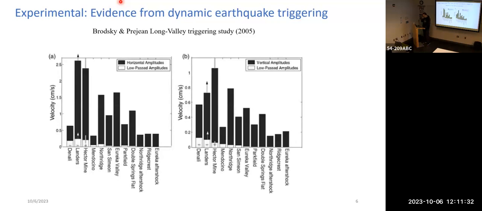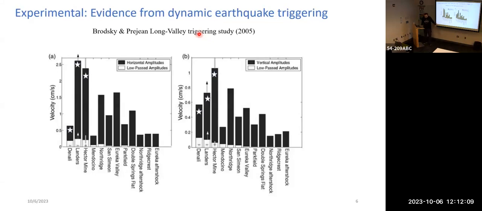Another study, conducted by Brodowski and Prejean, set up a seismometer at Long Valley and recorded the velocity change after 12 earthquakes, from the Denali to the Eureka aftershock. Only 3 earthquakes triggered seismicity near Long Valley: Denali, Landers, and Hector Mine.